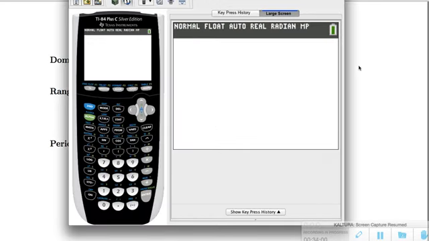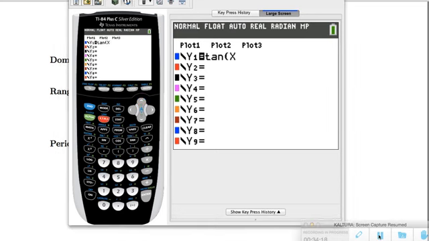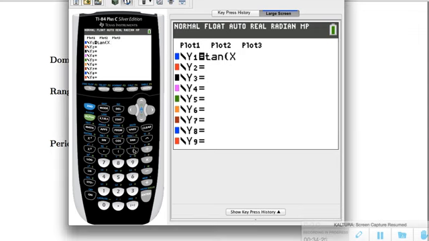If you wanted to graph this in your calculator, press the y equals button. Here, instead of choosing sine or cosine, we're going to choose tangent. Delete those, choose tangent of x, close out that parenthesis, hit the graph button.